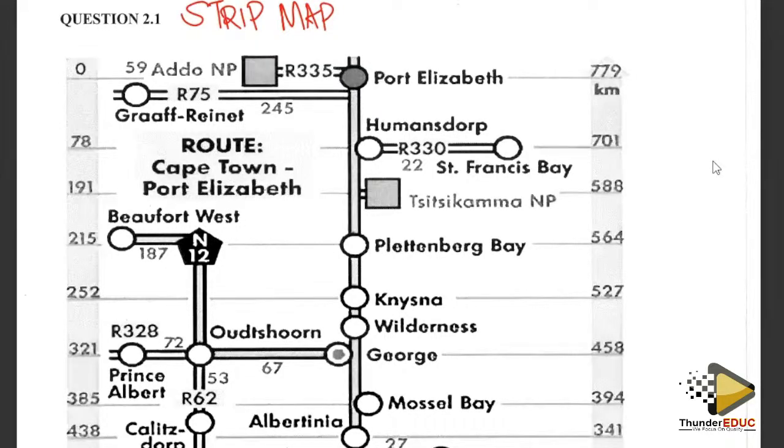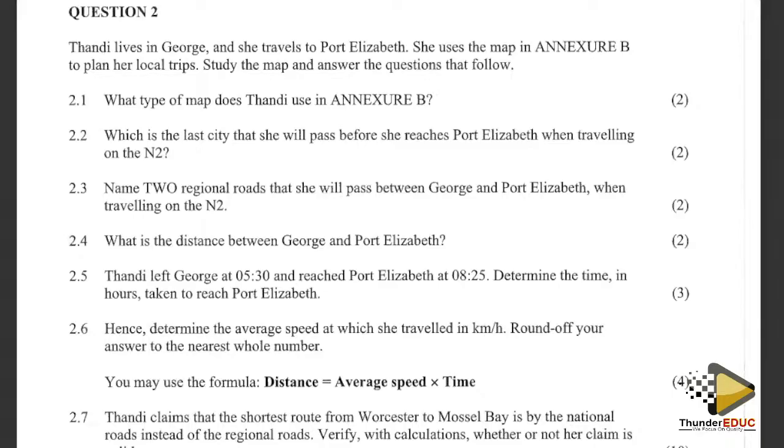All right. We said it's called the strip map, or you can call it the strip chart. Some other people call it the route map, but this is the right word. So we write that there. So this is called the strip map.